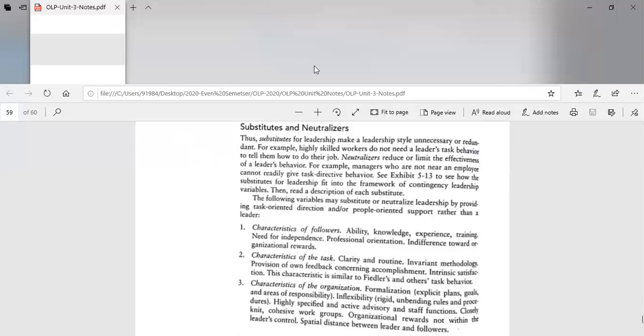Neutralizers are the people who sometimes expect leaders to give them guidance. Without that, they cannot perform the task. So that is how, what the characteristics of the follower are, how he should be, or how the task should be. All this will be indicated here. So these are the three characteristics we have to study under this: followers, task and organization wise.